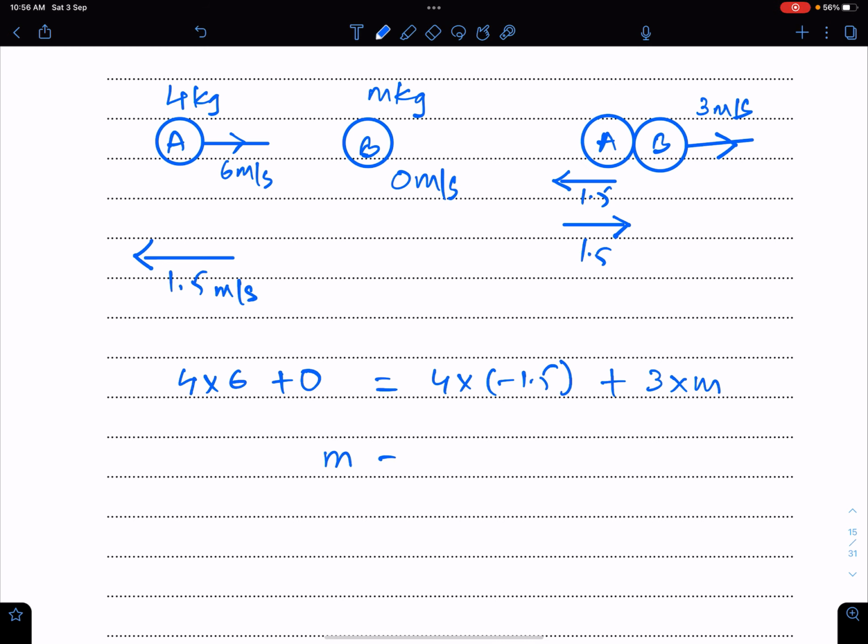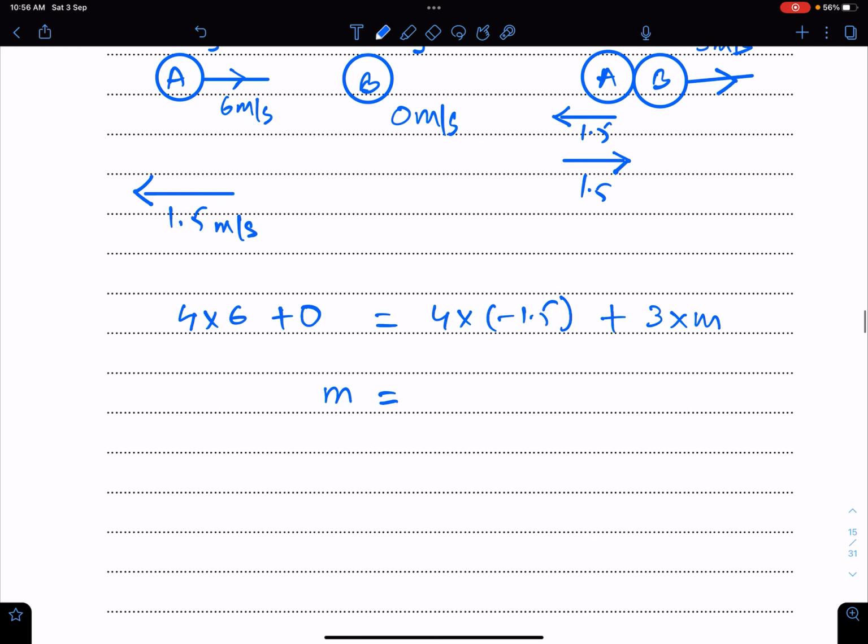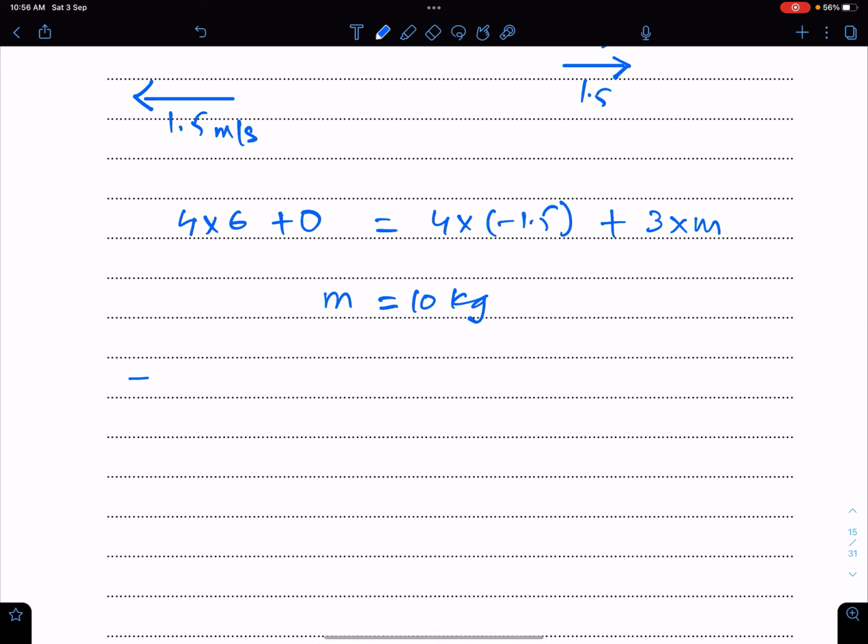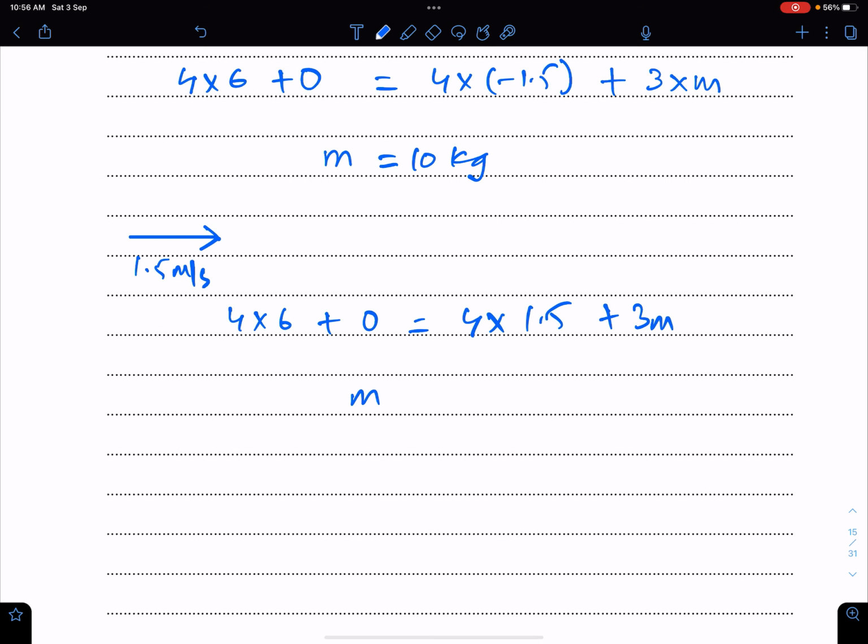So the value of m is 10. Now when A was moving in this direction after the collision, 4 into 6 plus 0 equals 4 into 1.5 plus 3m. Then the mass of B would be 6.